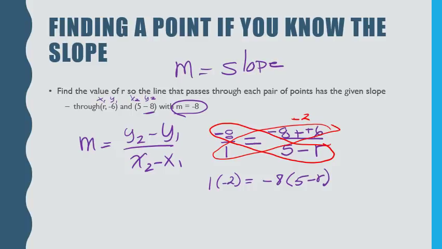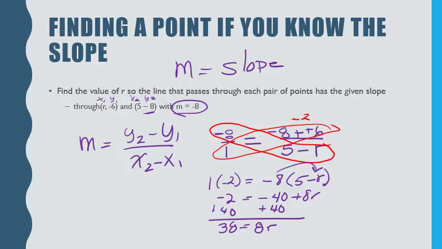minus r. And now it becomes an equation, right? So -2 equals negative 40 plus 8r if I distribute. So I'm going to add 40 to both sides, and I'm going to get 38 equals 8r.